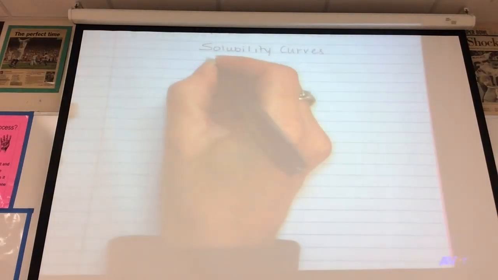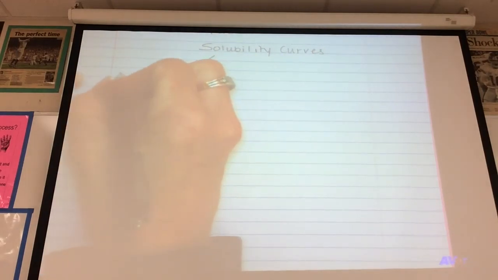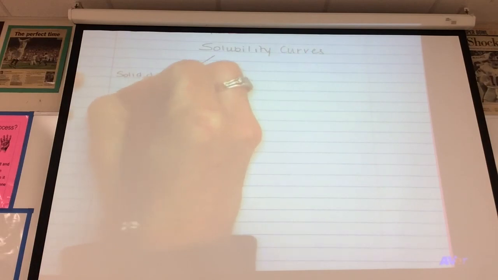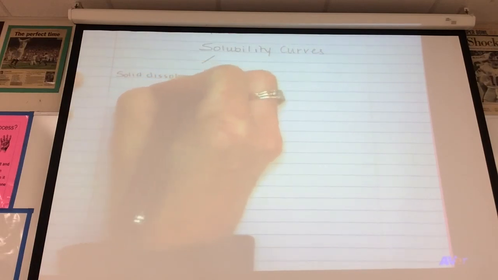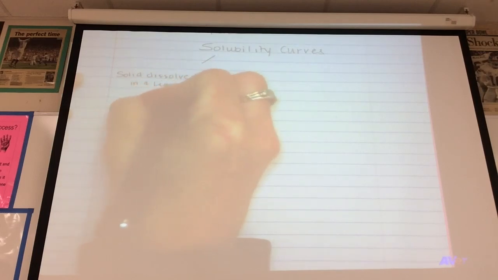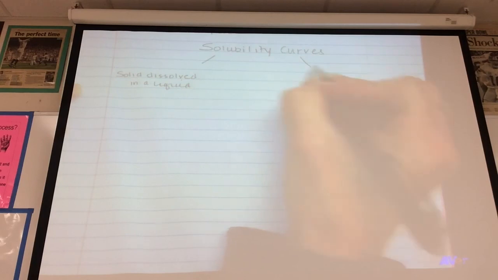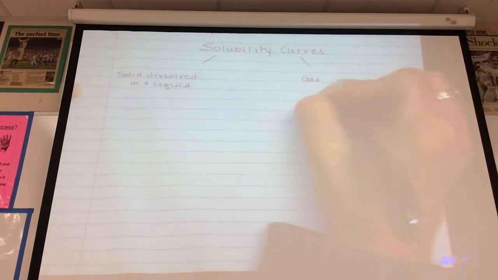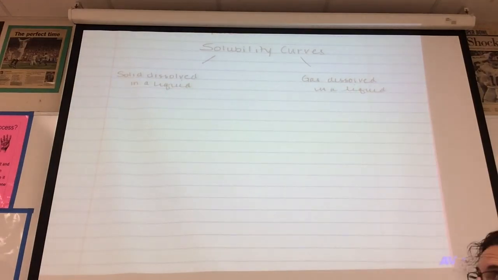But with solubility curves, we first want to look at a solid dissolved in a liquid, and then we're going to take a look at a gas dissolved in a liquid, and we want to look specifically at the effect of alteration in temperature on solubility.